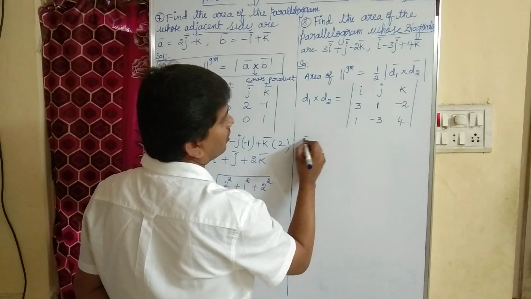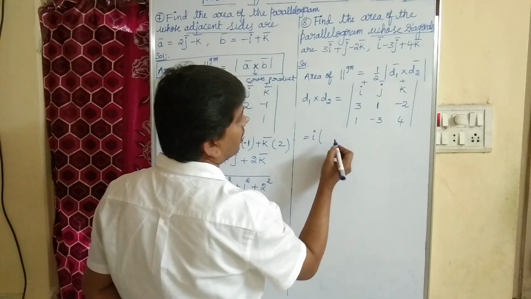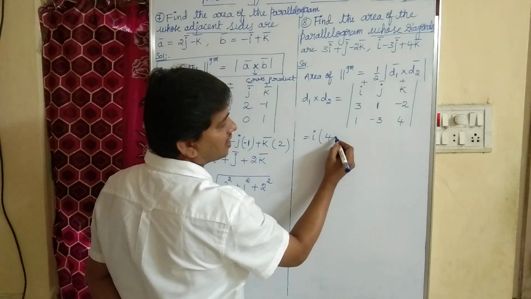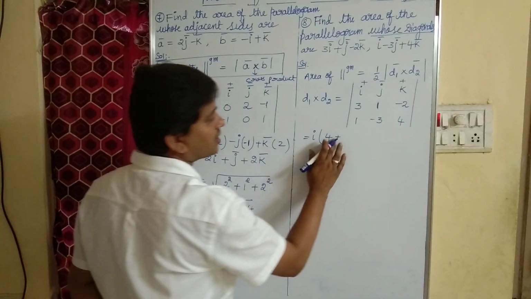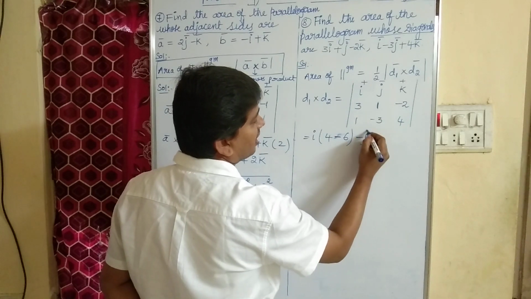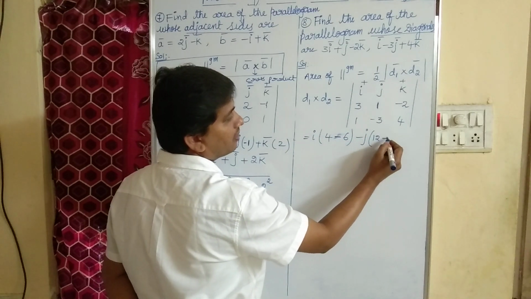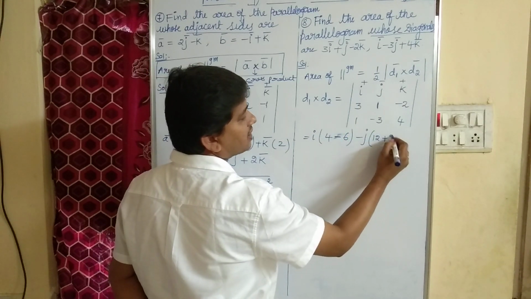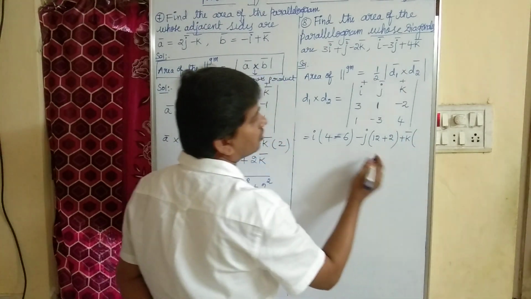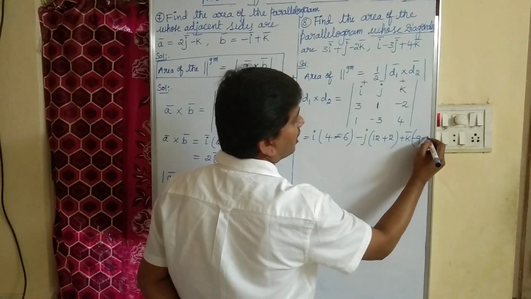Now this is plus, minus, plus. i bar into 1 times 4 is 4, minus into minus, plus, plus into minus, minus, 3 times 2 is 6. Minus j bar into 3 times 4 is 12, minus into minus, plus 2. Plus k bar into 3 into minus 3, minus 9, minus 1 into 1, minus 1.